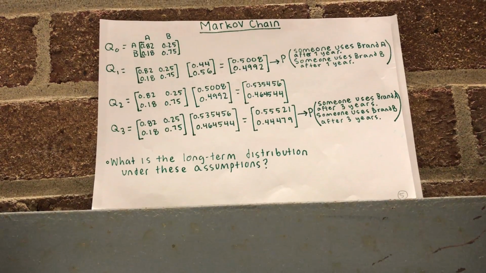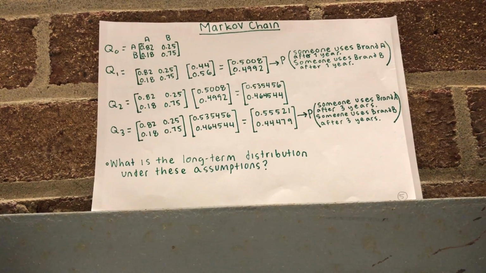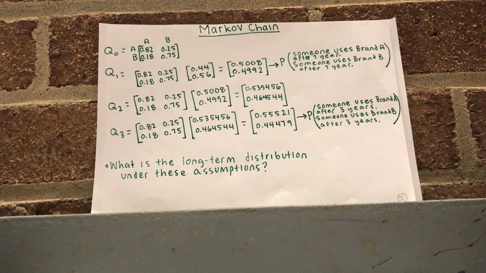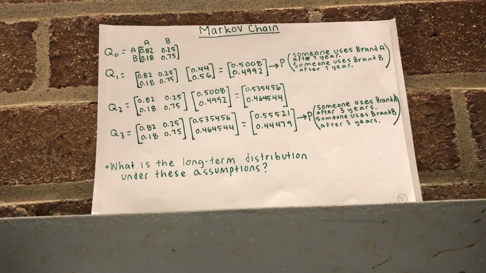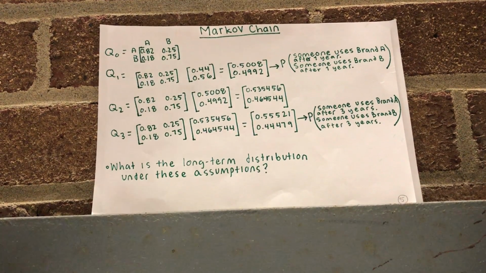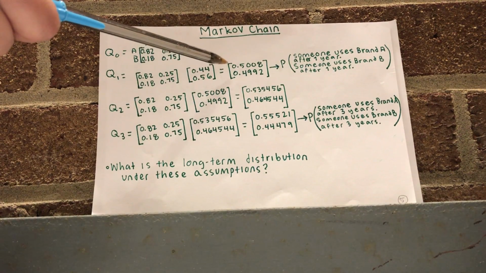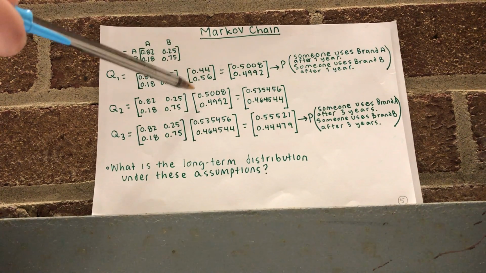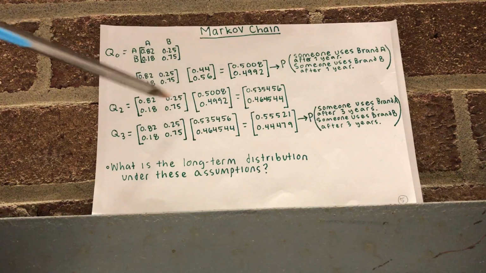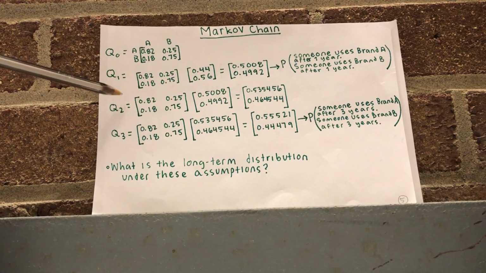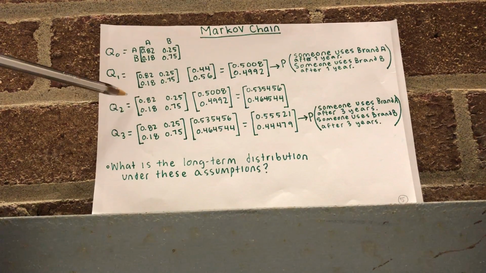Now, to answer the question from the previous problem, finding the probability someone uses brand A or brand B after 3 years, you would have to make Q1 the next X value, while keeping A Q sub 0.